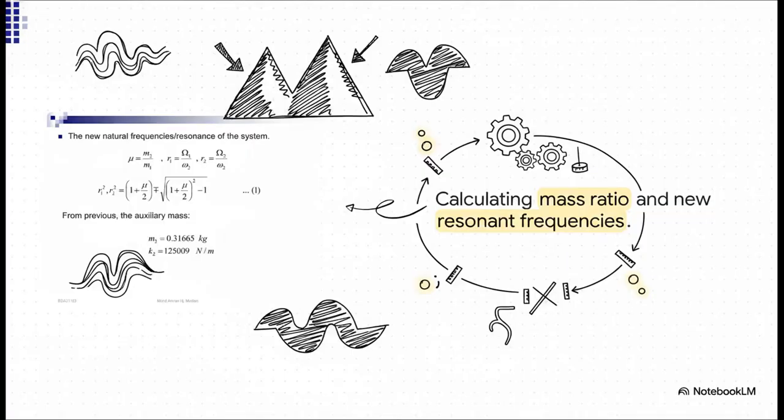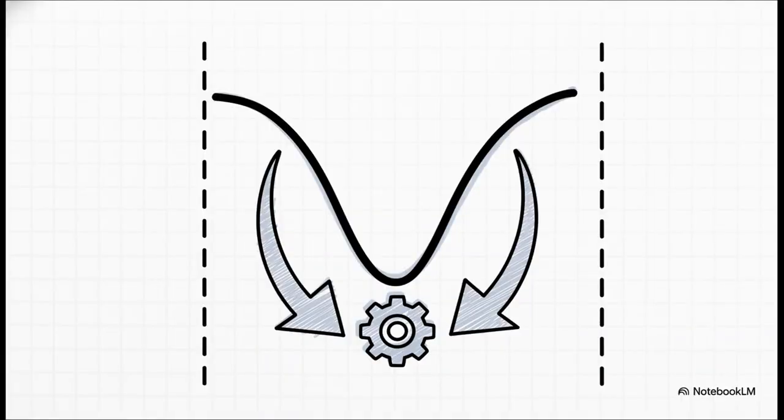Okay, the absorber is theoretically built and tuned. But remember that frequency trade-off we just talked about? We have a vital safety check to perform. We have to verify exactly where those dangerous new twin peaks have shifted. We do this by calculating the mass ratio, mu, and solving the complex quadratic roots to find our frequency ratios R1 and R2. Looking at the results, the math worked beautifully.